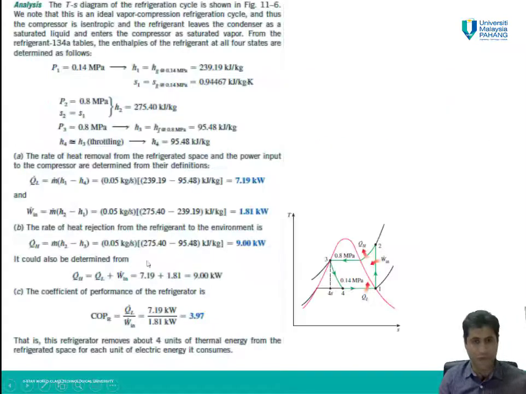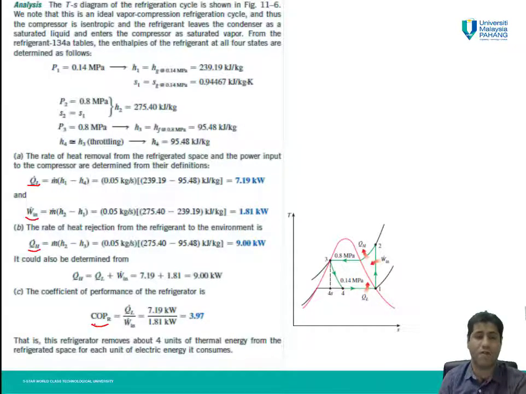Now, to determine Q dot L, which in part A is the question, to find Q dot L, W dot in as the power, and in part B we need to calculate Q dot H, and in part C we need to calculate COP of refrigerant.